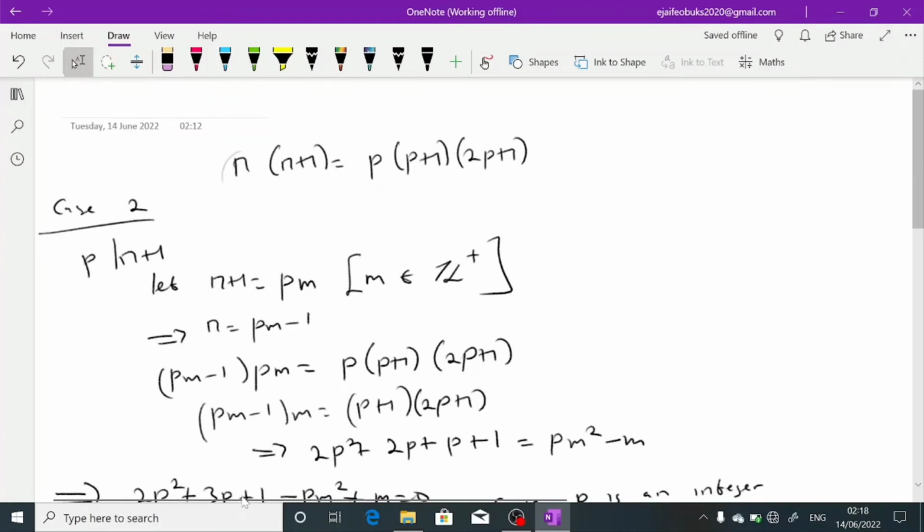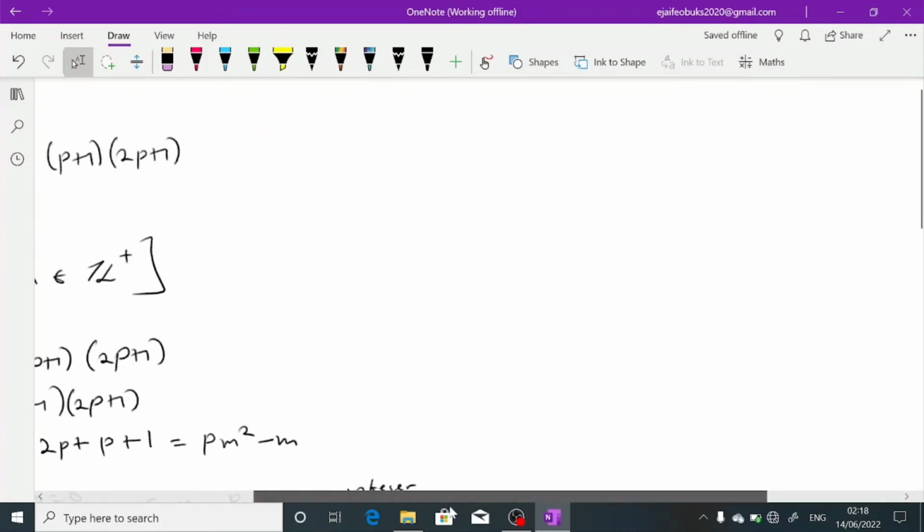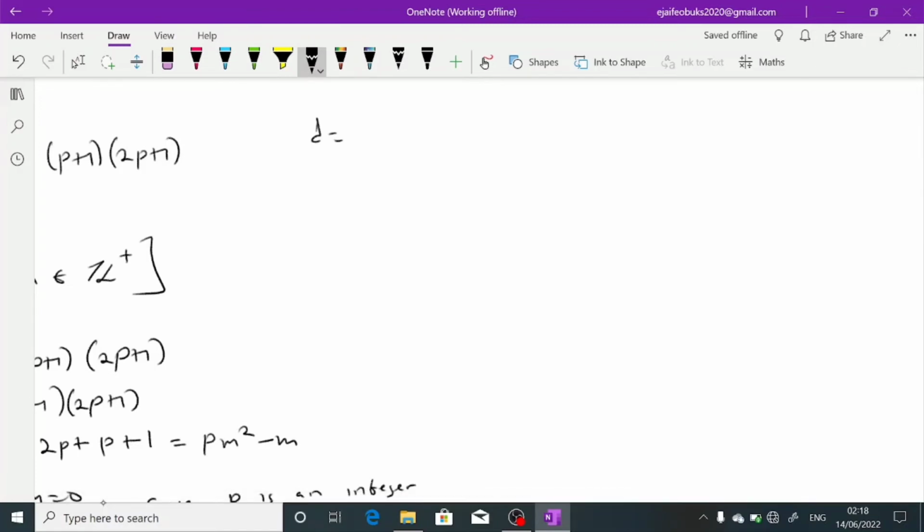Okay, let me come this way. This is the determinant, writing it out.